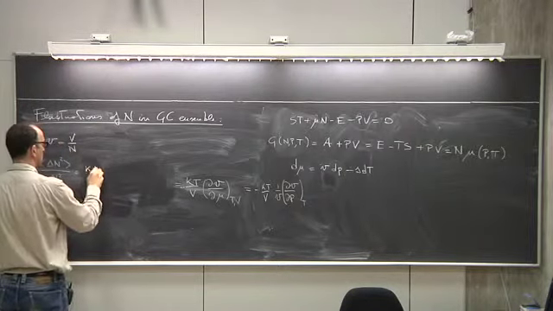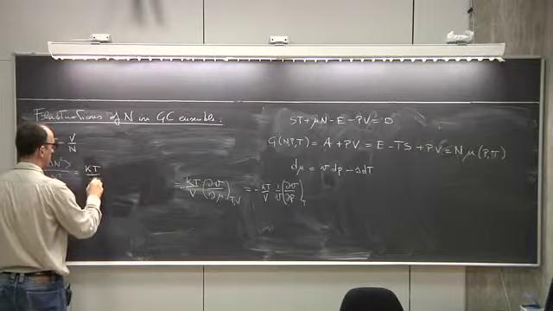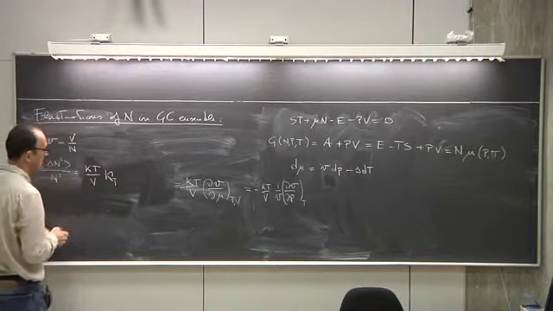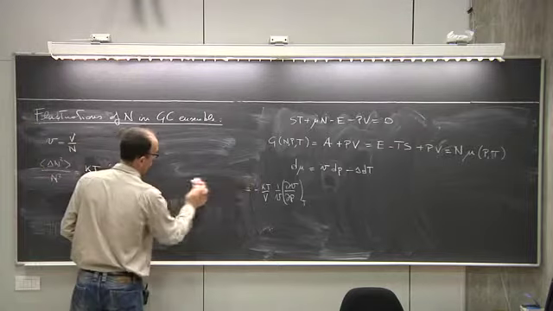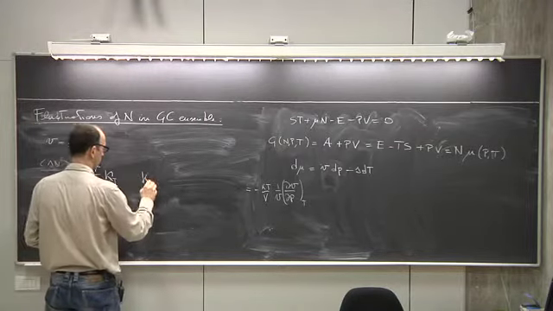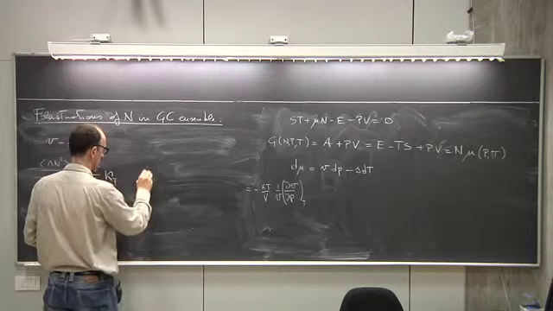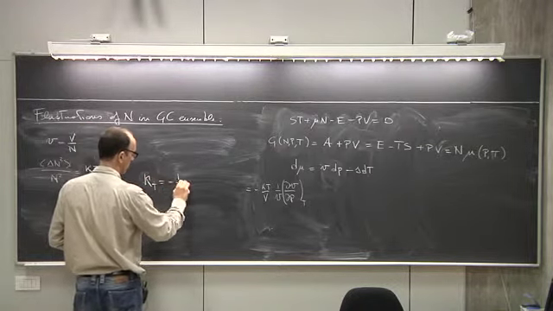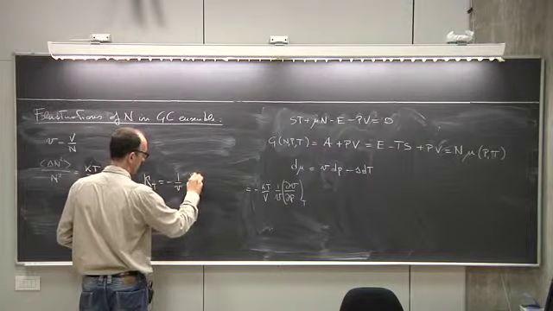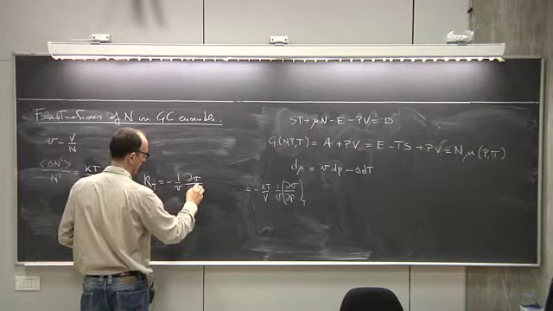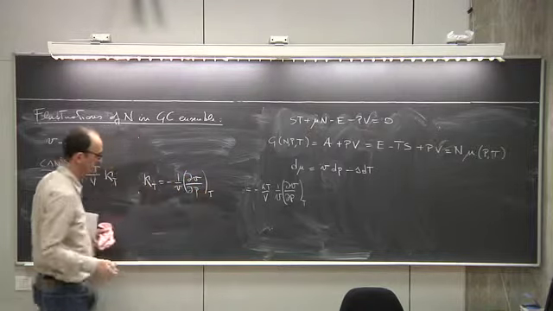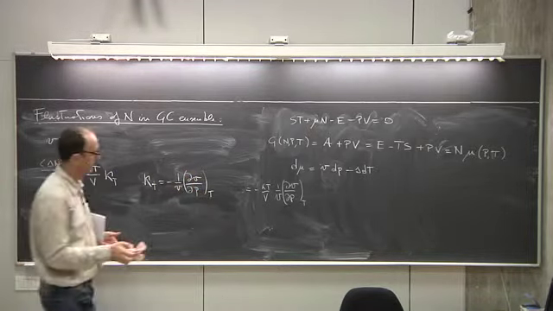So you can write this as kT divided by V times the isothermal compressibility, where kappa_T is minus 1 over V, the derivative of V with respect to P at constant temperature T.